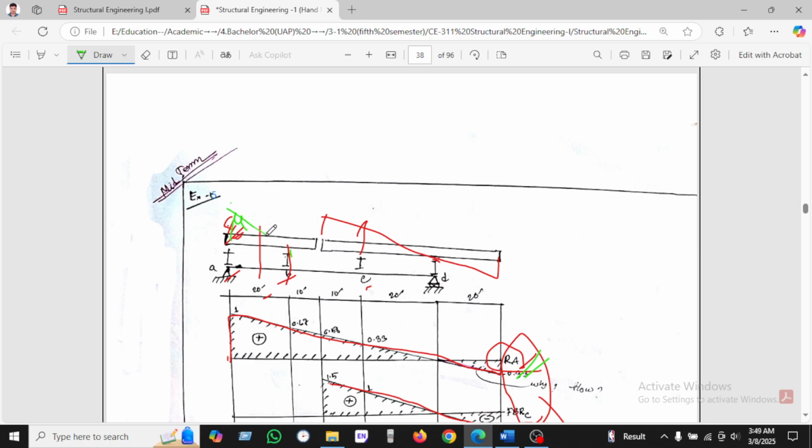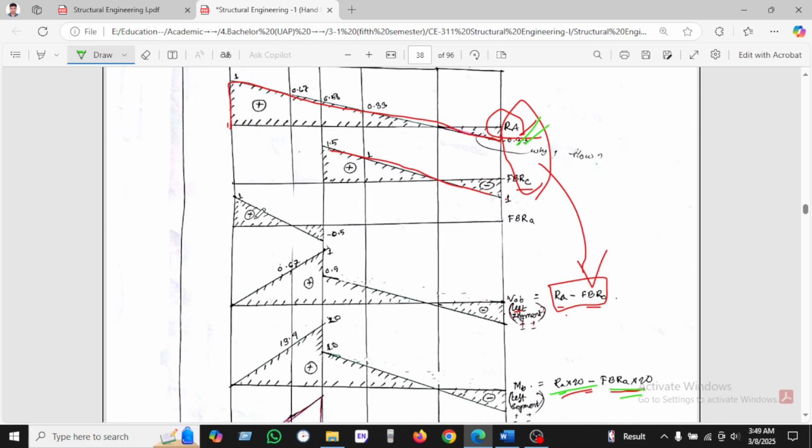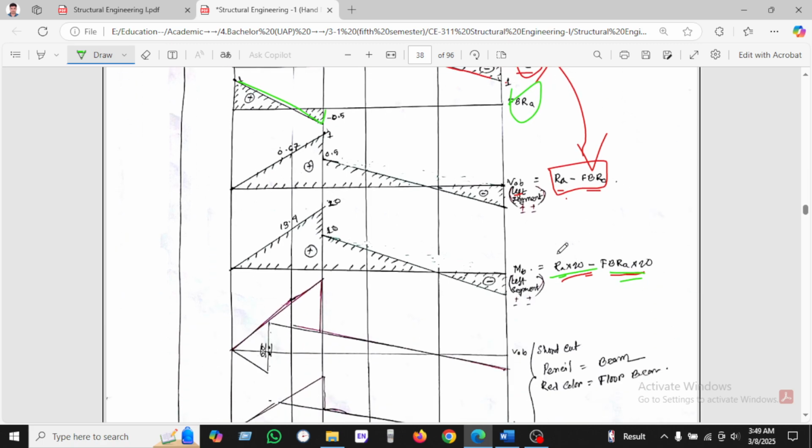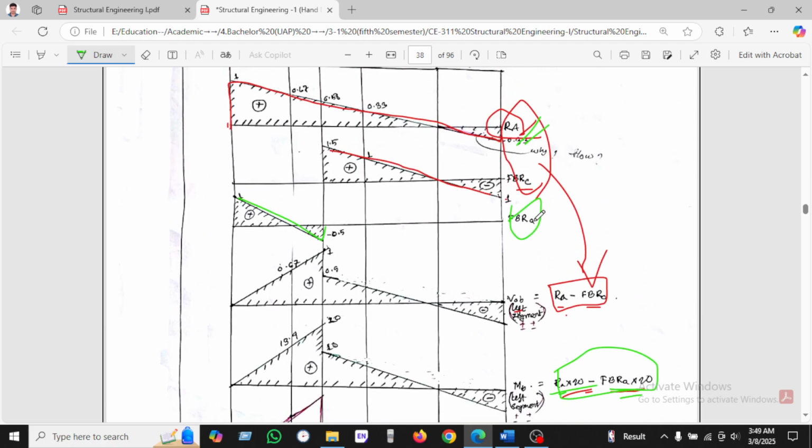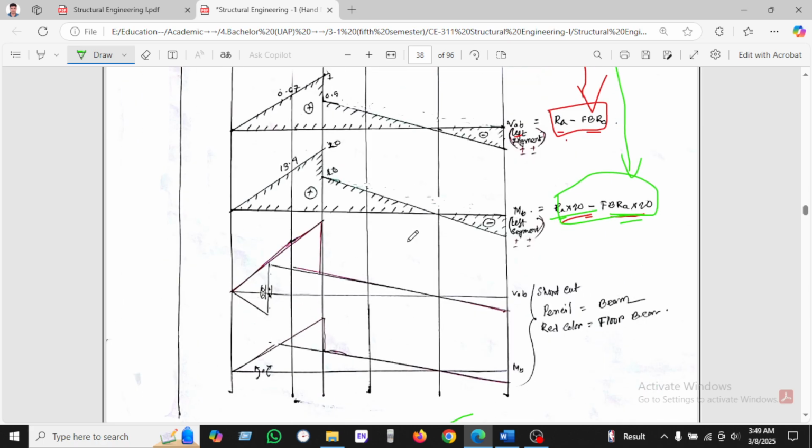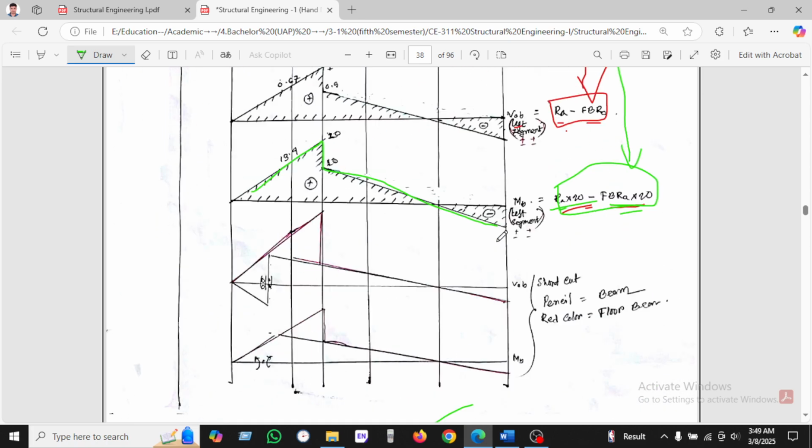This is the support, it will be 0 like this. After getting this, we put the values into this equation and draw it this way.